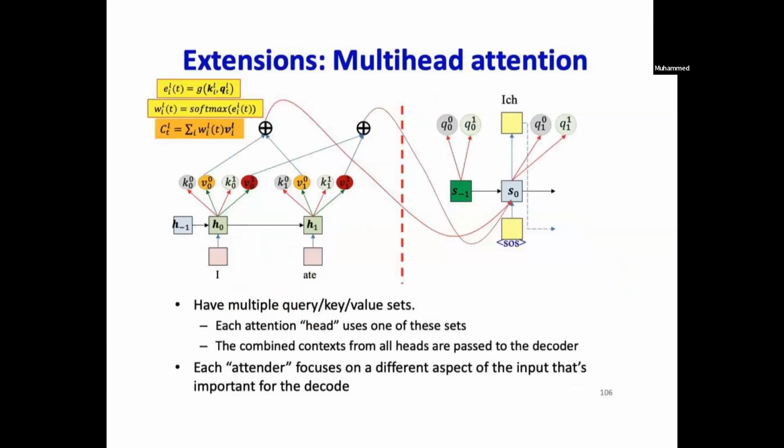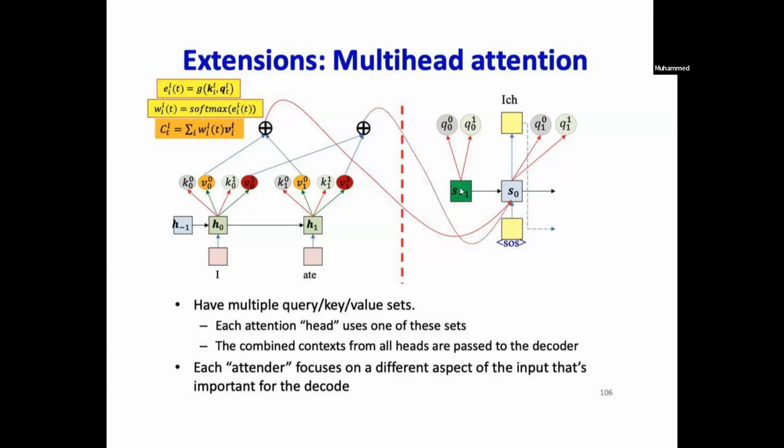So there have been extensions of this, which is obviously used in the transformer model, which is multi-headed. So it's not very different. Instead of having one key and value pair for each hidden state, we can have 2, 3, or multiple pairs of key and values.